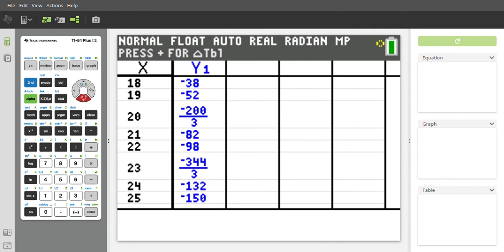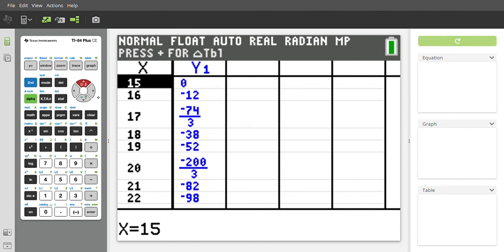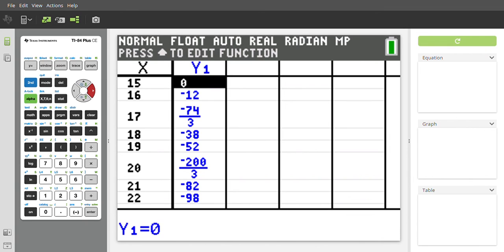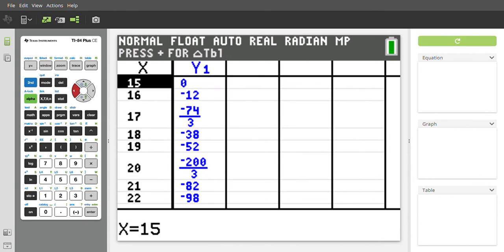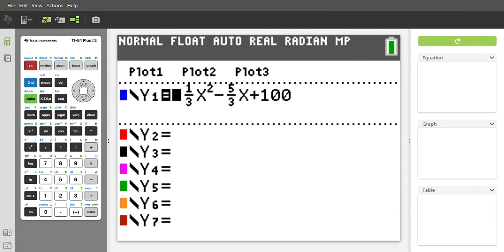There it is. Whoa, whoa, come back. +15. And y equals 0. So 15 is the other root. We could have factored that monster too. Look at it. That factors. Probably would not even try that.